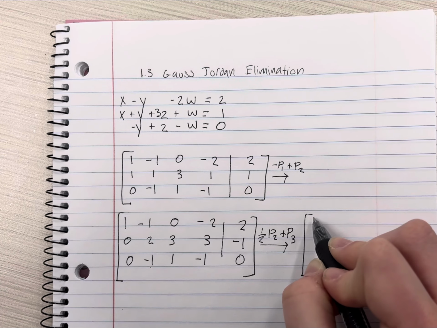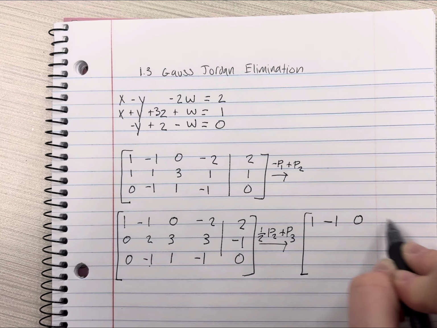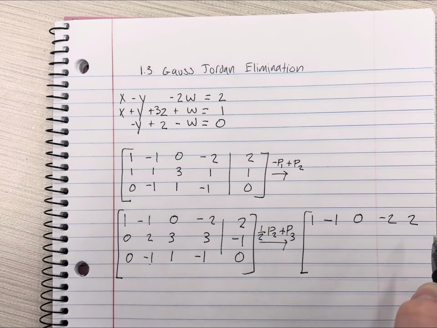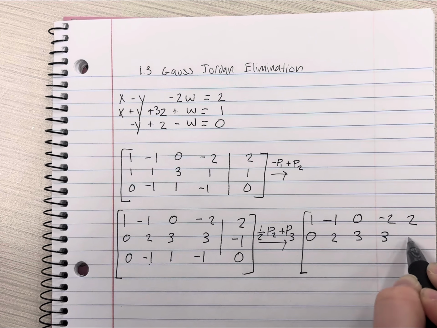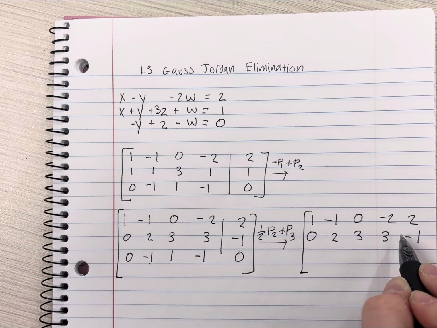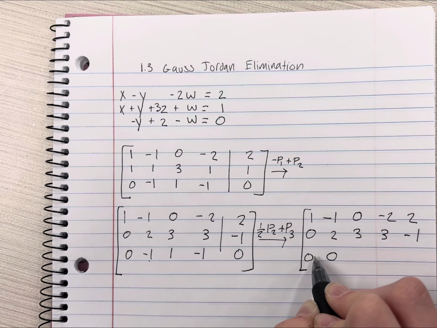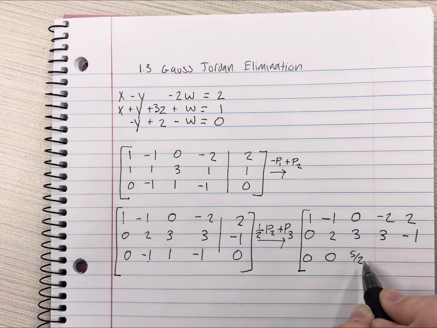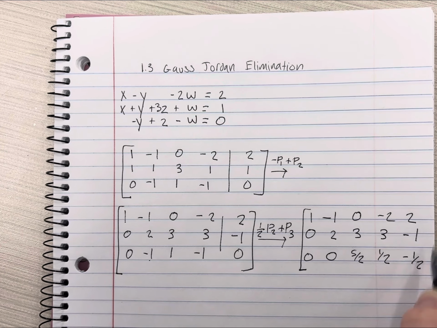The resulting matrix is going to be, the first row will be the same, 1, -1, 0, -2, 2. Second row stays the same, 0, 2, 3, 3, -1. And the third row is now 0, 0, just like we wanted, 5/2, 1/2, and -1/2.